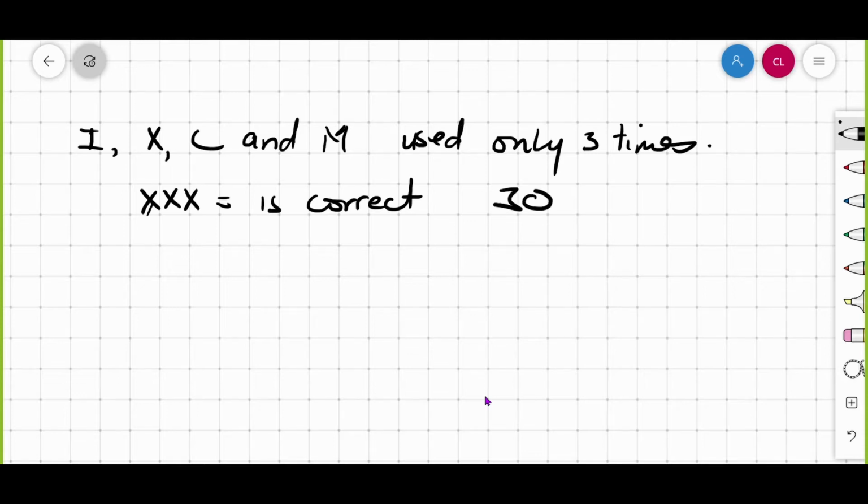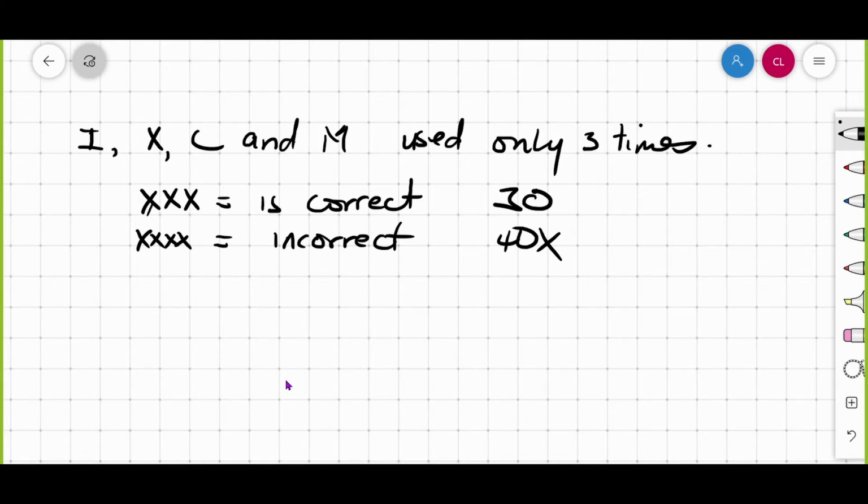And this would be 30, but we could not write this, because it is incorrect. This is not how we write 14.